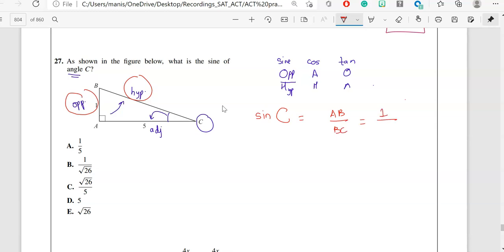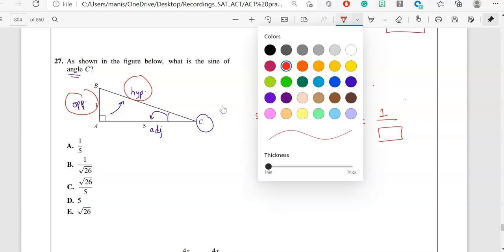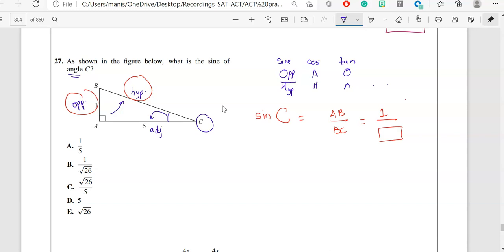AB is 1, but I do not know BC. But since you know this is a right triangle, we can apply our Pythagorean theorem. What is the Pythagorean theorem? The sum of the squares of the two sides is equal to the square of the hypotenuse. So in this case, it will be 1 squared plus 5 squared is equal to BC squared.